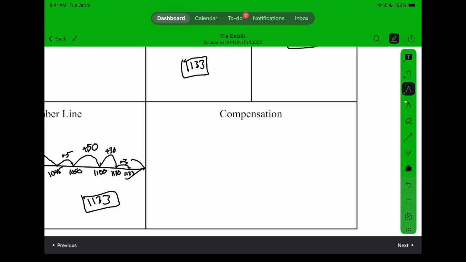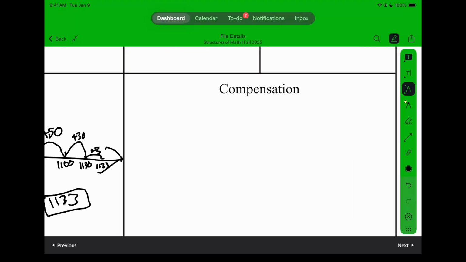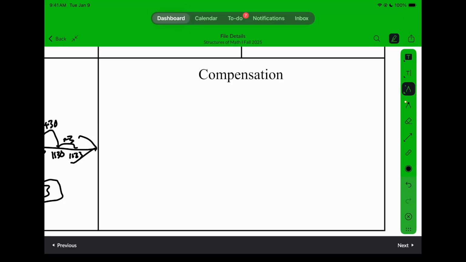And then finally, for addition, we have compensation. So remember, compensation is the one that, in order to avoid carrying, you would instead add or subtract from a number to make it a friendly number.